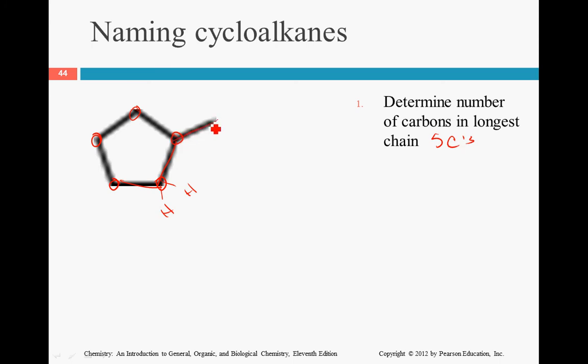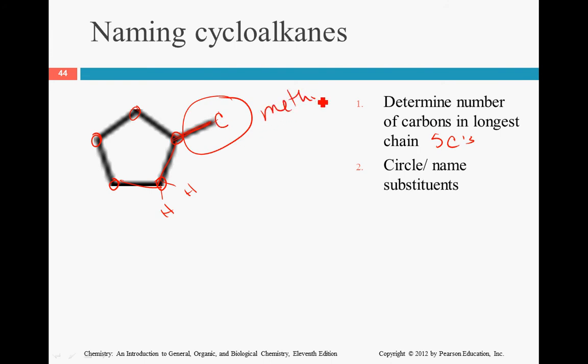This here is not within that chain. That is considered the substituent. Notice that there's no letter out here, meaning that that's a carbon. That's a methyl group, just like we did with naming the straight chain alkanes.